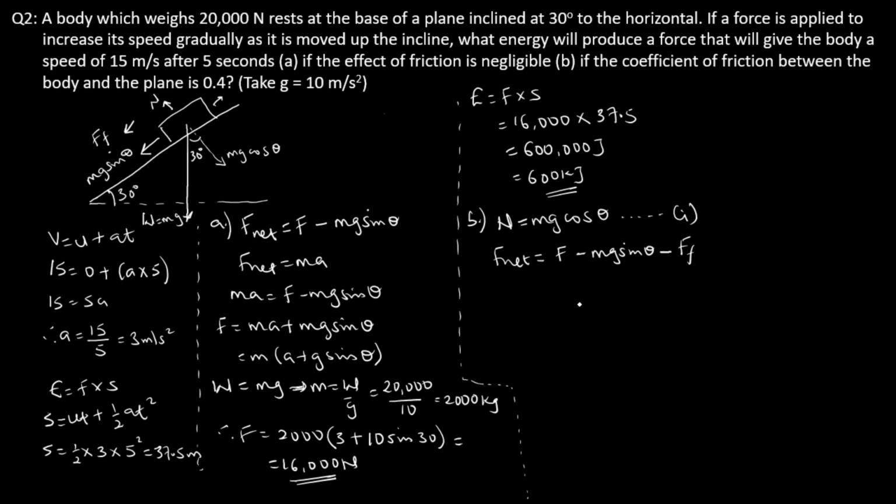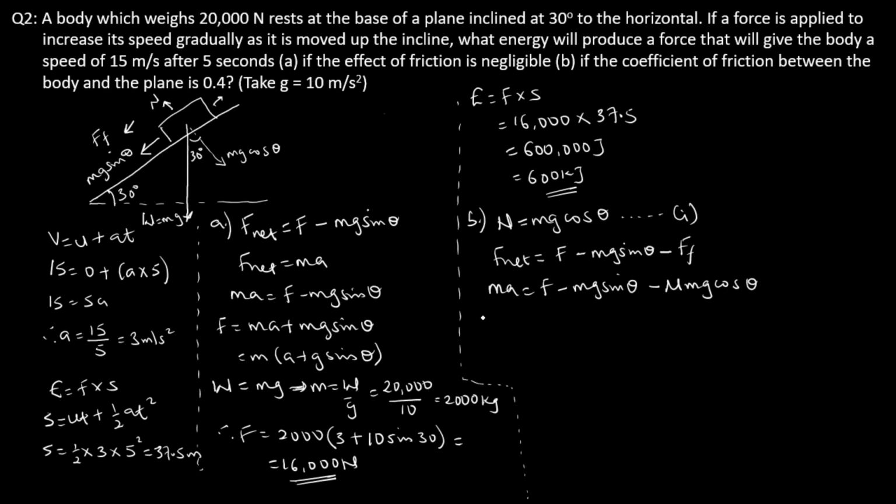So let's come back to this case that we have in front of us. Our net force is ma. We have ma equals applied force minus mg sine theta minus our frictional force, which is mu N, but our N is mg cos theta, so we can write mu mg cos theta.